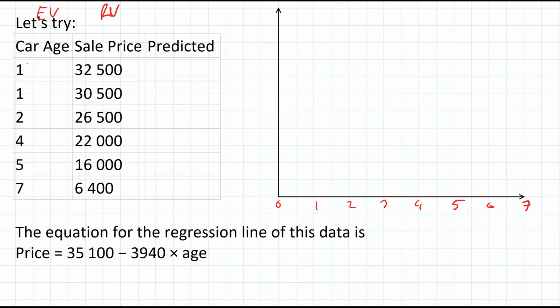So let's look at the predictions. The regression plot, that was the regression line that was made for this data, is this. Okay, the price equals $35,100, take away $3,940 times the age. Okay, so that is the equation for that line.